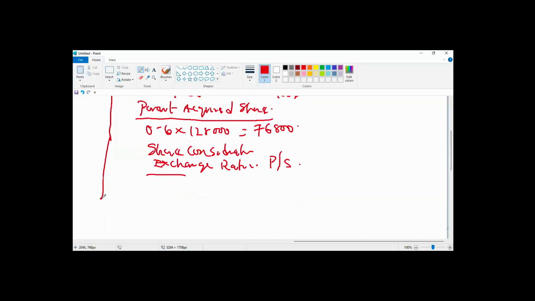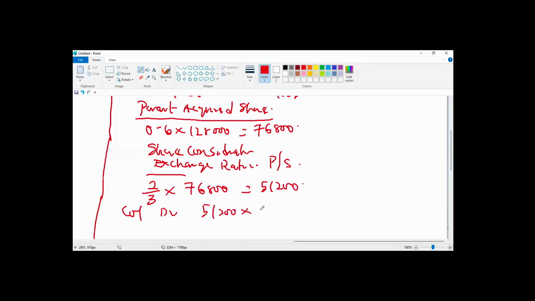Now, the cost of investment: 2/3 times 76,800, which is 2/3 times 51,200. 51,200. Cost of investment will be debited.